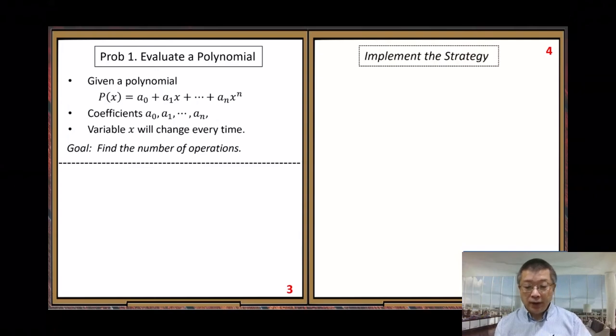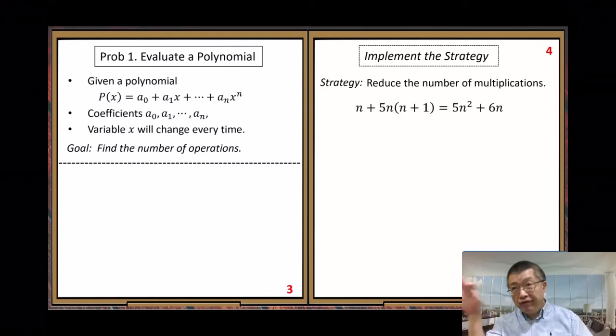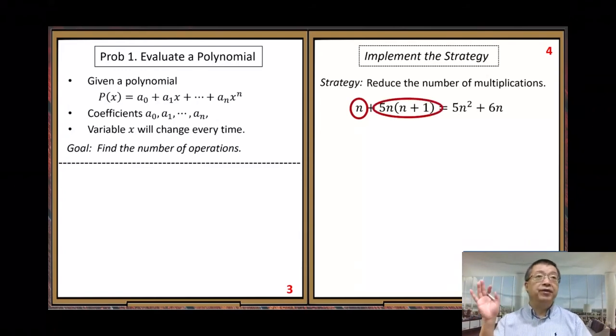Here, implement the strategy: reduce the number of multiplications. In the total number of units formula, we know the addition part is much smaller than the multiplication part.